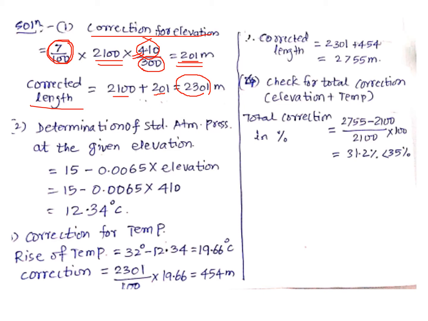Now going to the correction for the temperature. Before actually applying the formula, we first need to calculate the standard temperature. The standard temperature is 15 degrees centigrade, but this 15 degrees centigrade is at mean sea level.